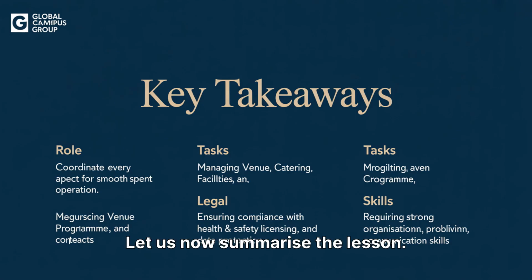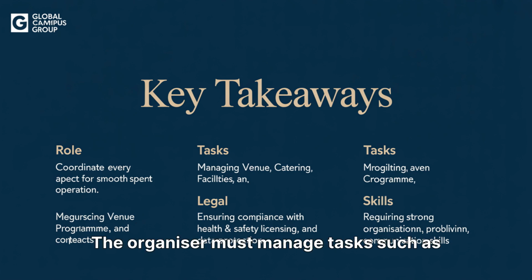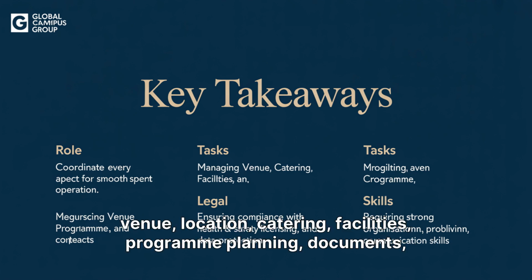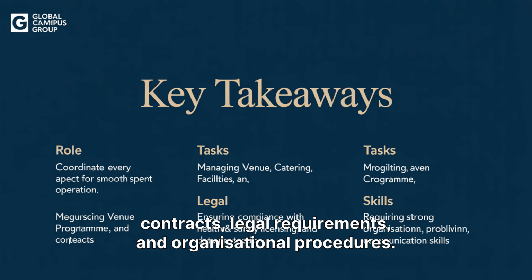Let us now summarize the lesson. The role of an event organizer is to coordinate every aspect of an event so that it runs smoothly and achieves its purpose. The organizer must manage tasks such as venue, location, catering, facilities, program planning, documents, contracts, legal requirements, and organizational procedures.